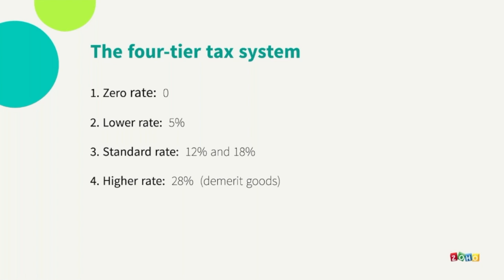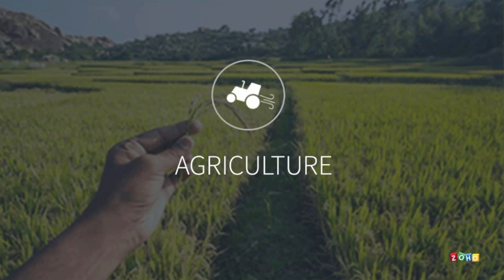So in order to understand the implications of this four-tier tax system across different industries, let's begin with agriculture. Agriculture has always been the root of our Indian economy, and during our independence, this particular industry played a major role as it contributed a lot to the GDP back then.